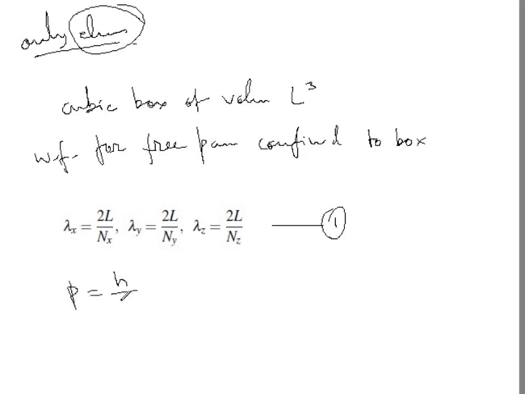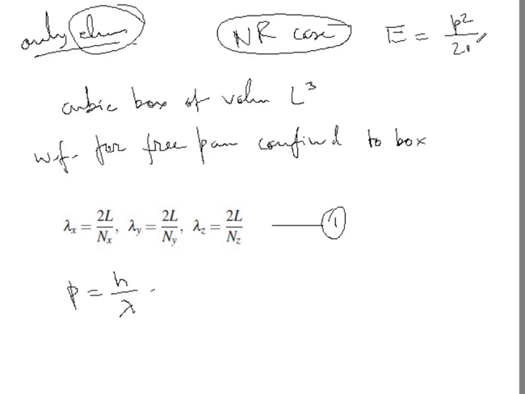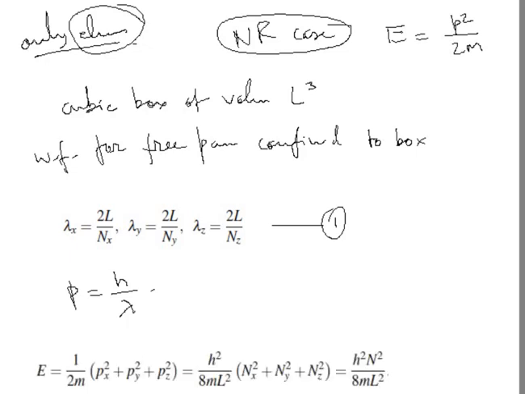p is equal to h by lambda. Now we are considering the non-relativistic case, NR case. Then we are talking about E is equal to p squared by 2m, right? And so we will have this relation. This is equation 2.